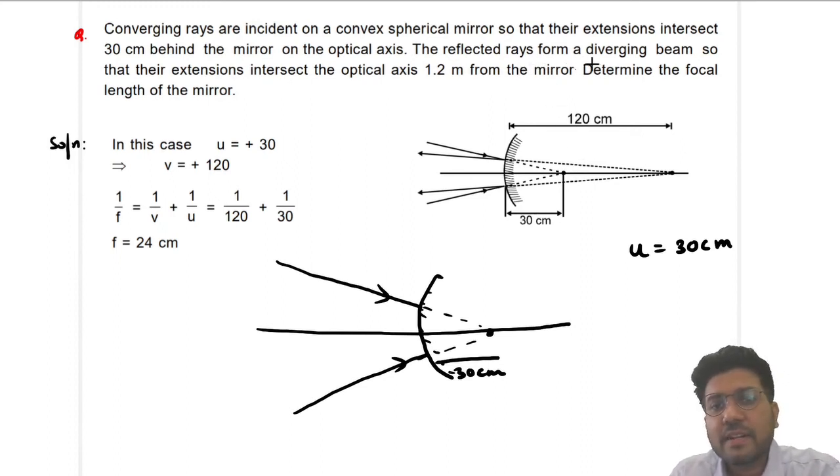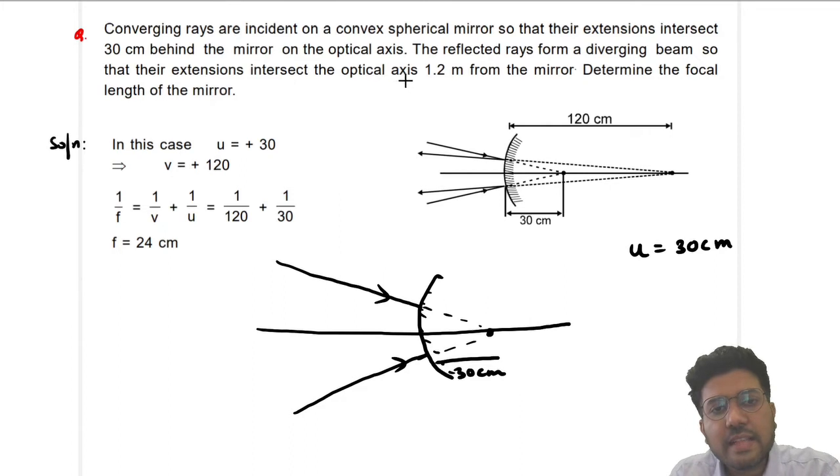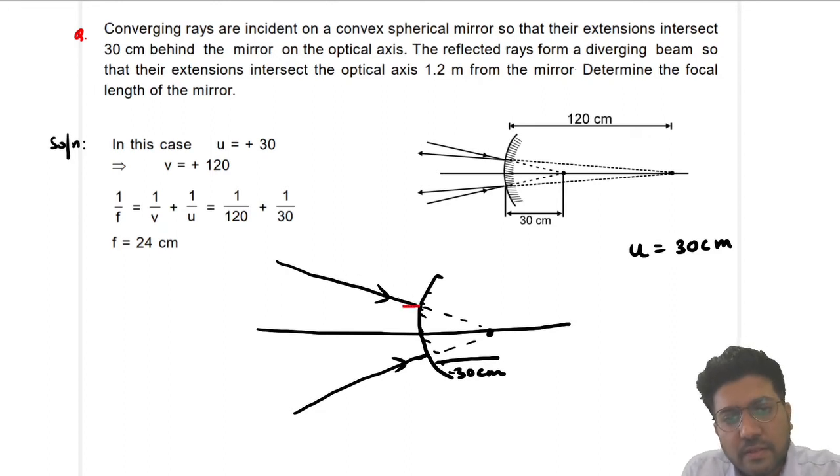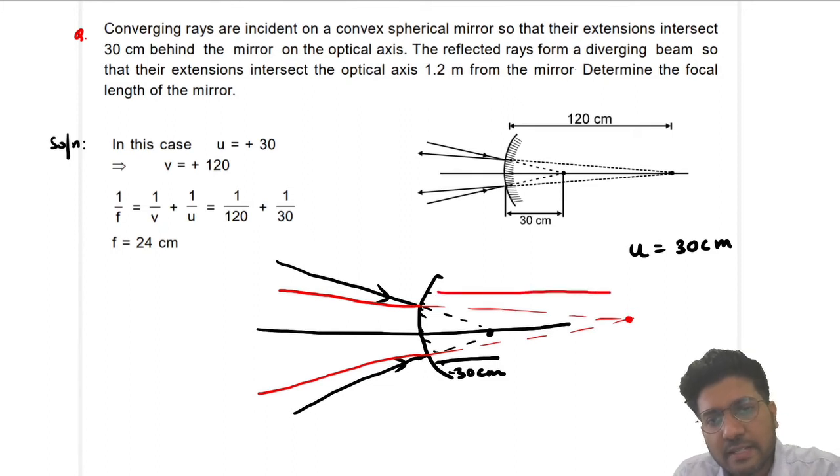The reflected rays form a diverging beam so that their extensions intersect 1.2 meter, that is 120 centimeter from the mirror. So this is the reflected ray and it is intersecting at a distance of 1.2 meter, that is 120 centimeter.